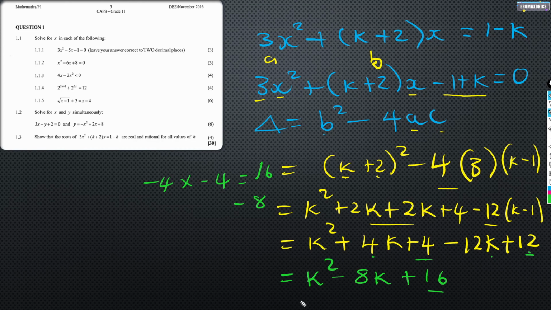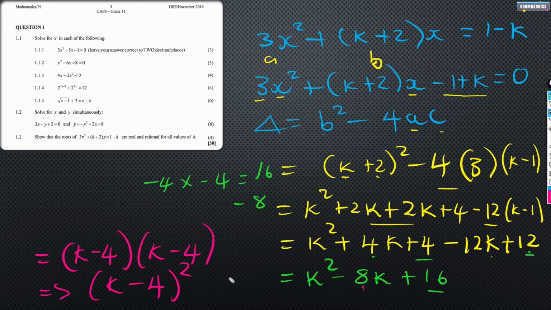So meaning that we can come down here and say from this equation the solution will equal k minus 4 and then k minus 4, right? And this will imply that k minus 4 squared, meaning that this one here is a perfect square.